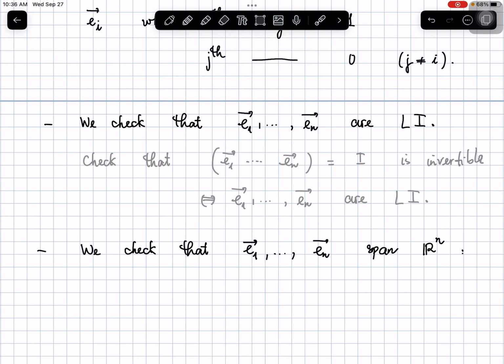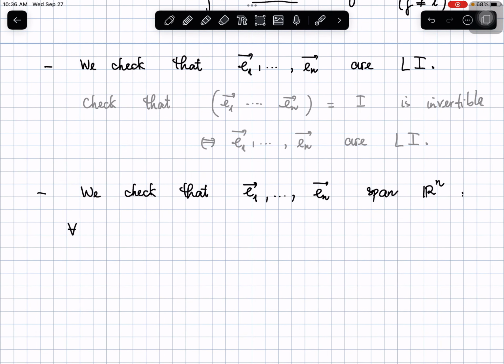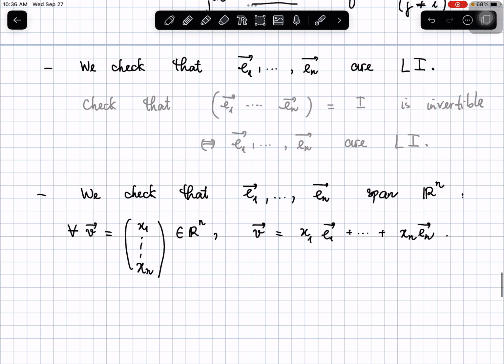And this is true because any vector v in Rn, say (x1, ..., xn), can be written as a linear combination of E1 to En: x1 E1 + ... + xn En.